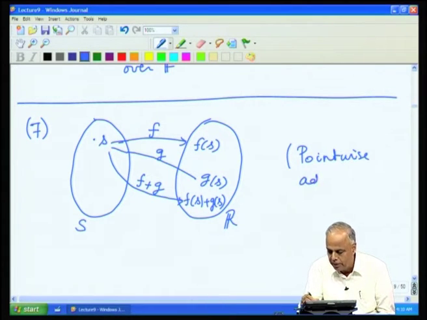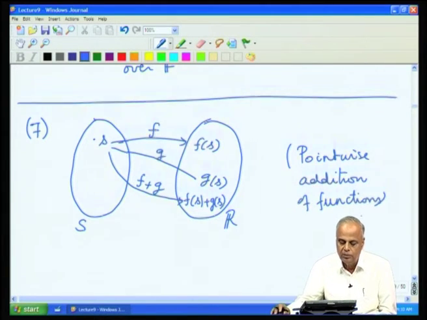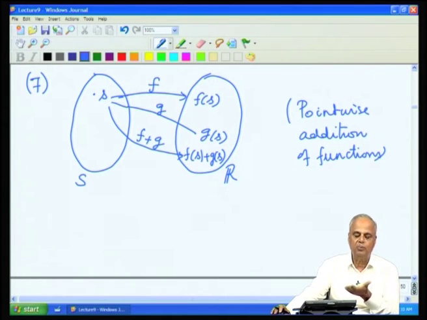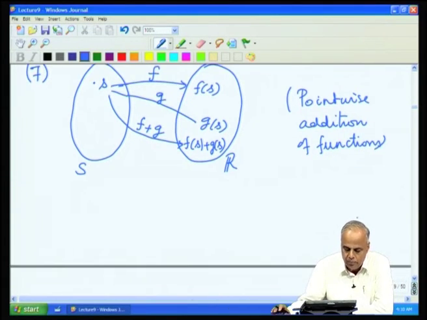That is, at each point the values of the functions are added. So, we now know how to add two functions from S to R.